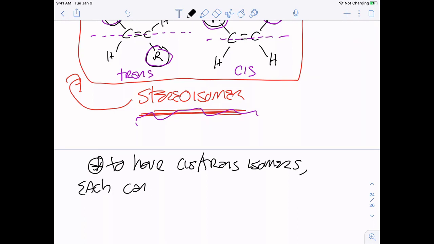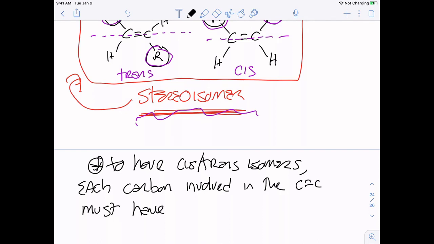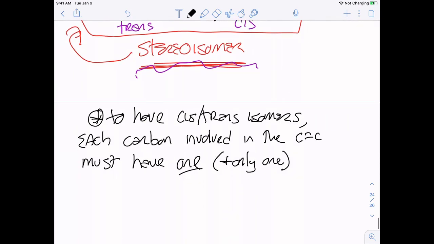each carbon involved in the pi bond, the carbon-carbon double bond, must have one and only one R group, carbon-based group, bonded to it.